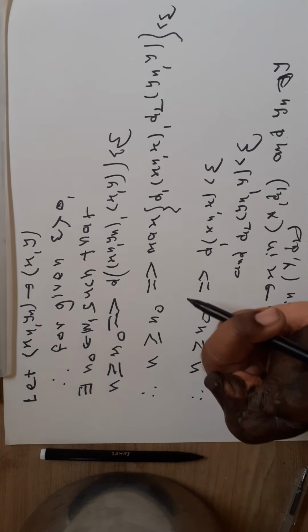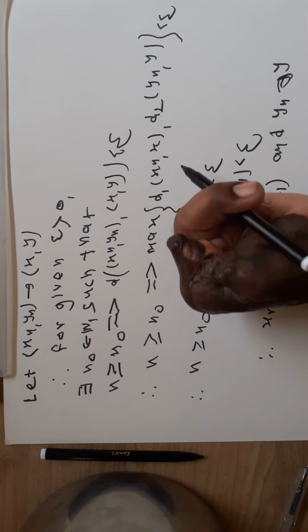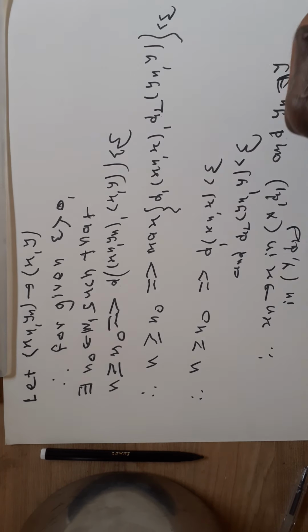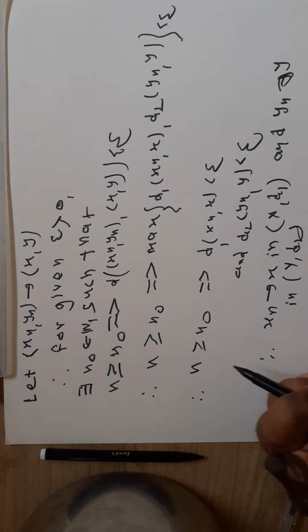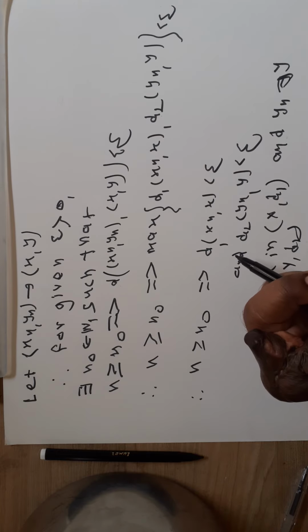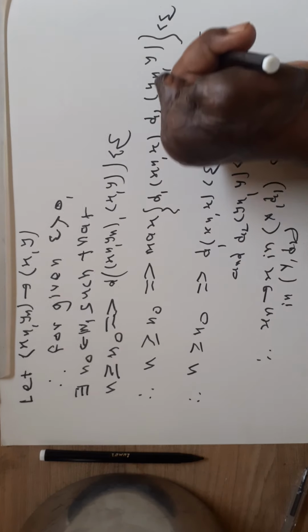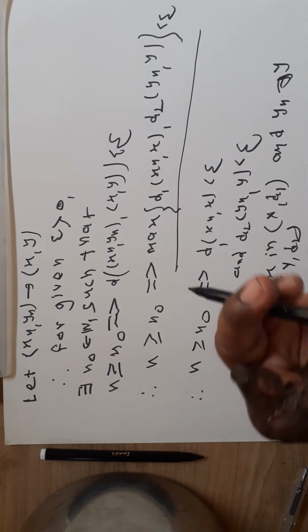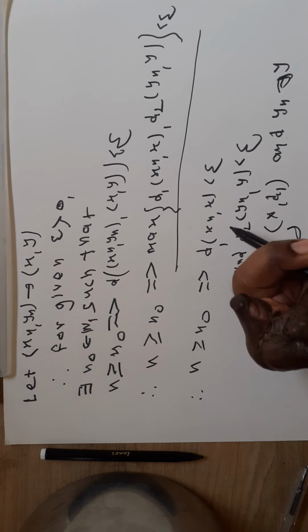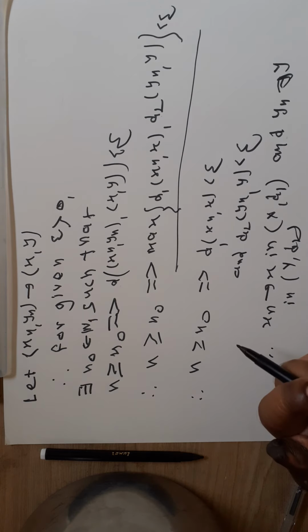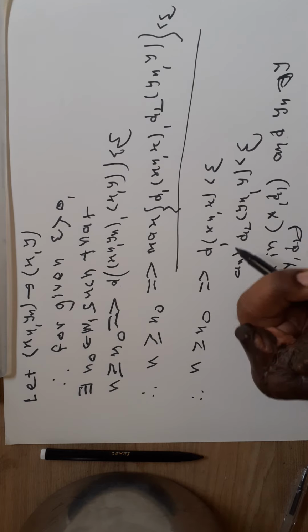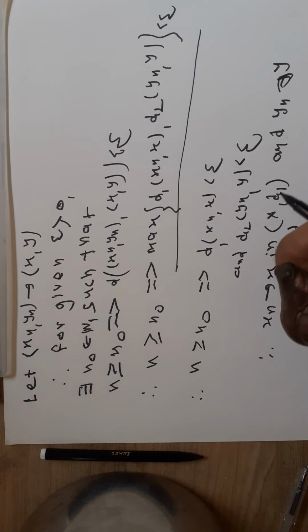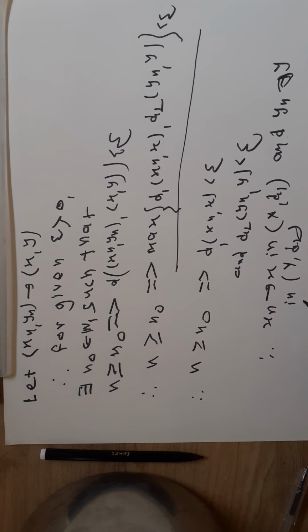Therefore, the maximum of d1(xn, x) and d2(yn, y) is less than epsilon, so d1(xn, x) is less than epsilon and d2(yn, y) is less than epsilon. Therefore, xn approaches x and yn approaches y.